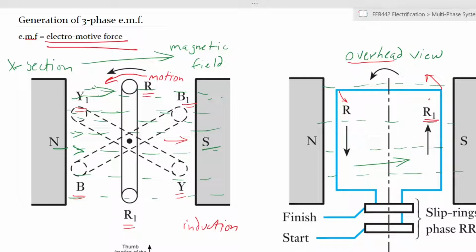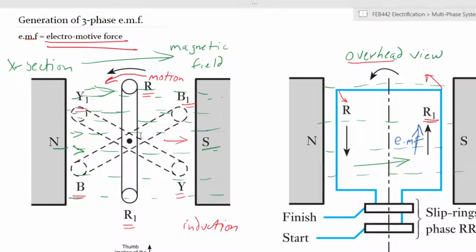You will point your index finger from left to right, towards your right, and you will find that your middle finger is left in an orientation such that it is pointing upwards, which is the direction that we show here. The direction of the electromotive force in blue, like that, because you have your motion going outward, your magnetic field going towards the right, and then you have your EMF going upwards in that direction.